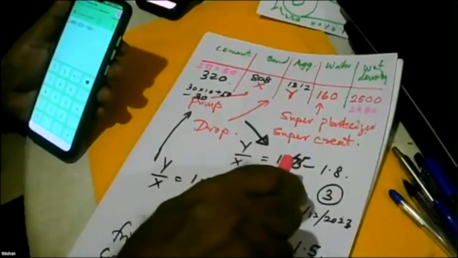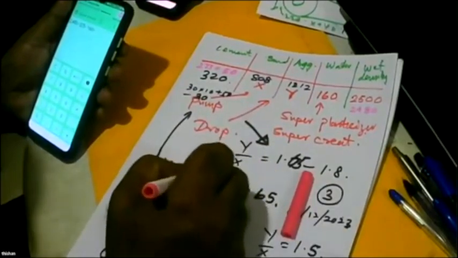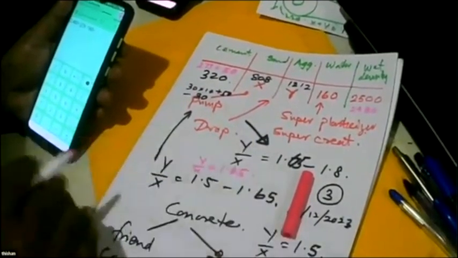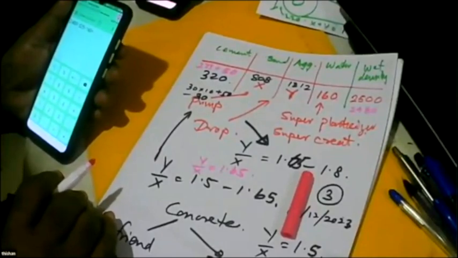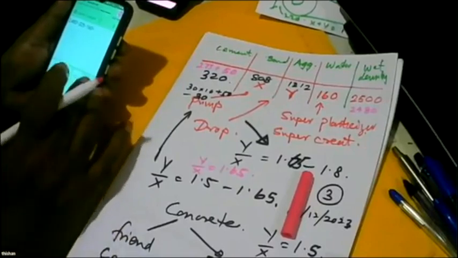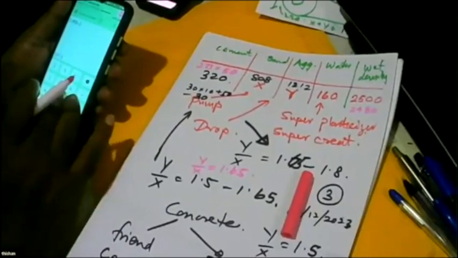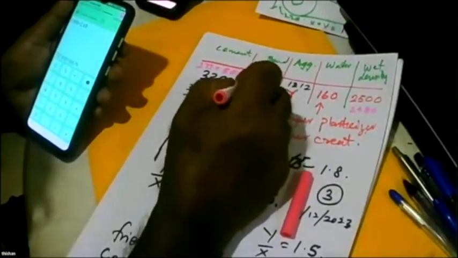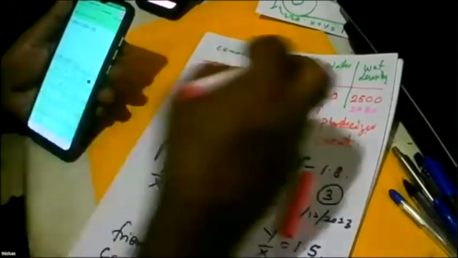So you have decided, because this is a drop type thing, you have decided y over x is 1.65, because you are not going to pump a lot, you are going to drop a lot. Let's assume you are going to drop a lot. Then this number should be divided by 2.65. So you get 752, multiplied by 1.65, 1242.